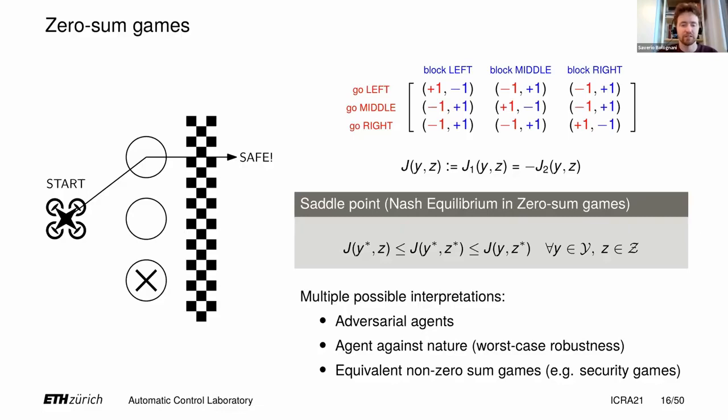The road is playing against your car by presenting you with the worst possible turn in front of you. And there are also games like security games, a very nice topic that we are going to slightly touch at the end of these slides, which are not zero-sum, but you can show that they are equivalent to zero-sum. So you can do enough transformation to make them zero-sum games.